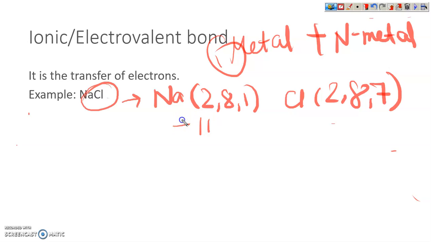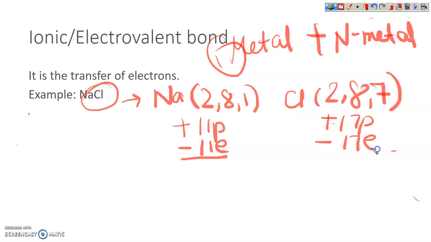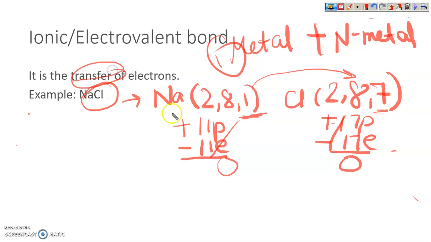So sodium has 11 protons and 11 electrons. Here chlorine has 17 protons and 17 electrons. Now, to become stable, sodium should give this one electron to chlorine, so they both will become stable. This is the transfer of electrons. Sodium is transferring an electron to chlorine.